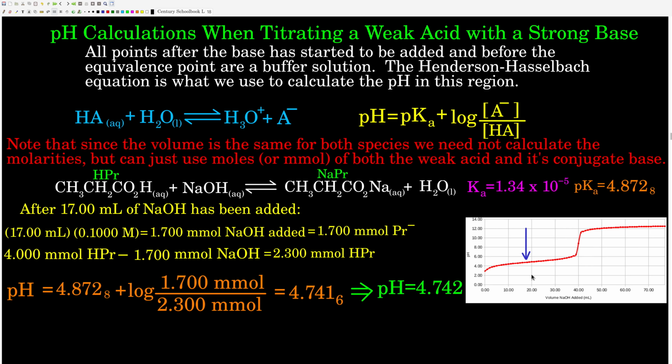So after 17 mils, it's about right here, 4.7 or so. That's the pH. The pH is starting to go up a little bit, but we haven't reached the equivalence point yet, so it's still more or less flat.